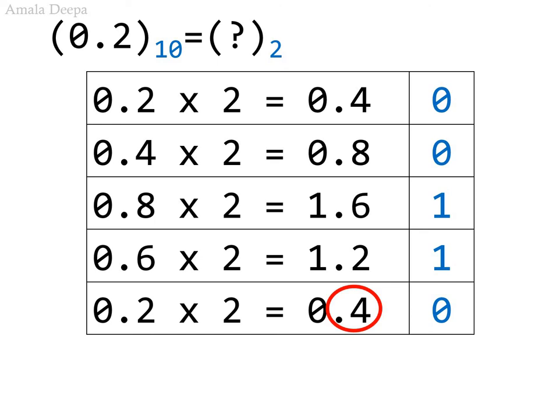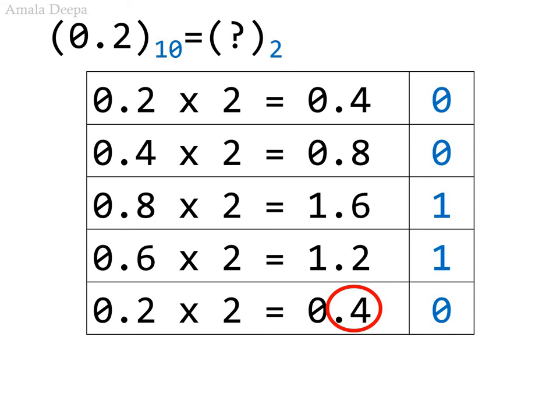0.4, again when you multiply by 2 you will get 0.8, and again multiplying you will get 1.6, and so on. In the last example we reached 0 and we stopped the multiplication. Here it is going to be recurring, so we have to stop ourselves.